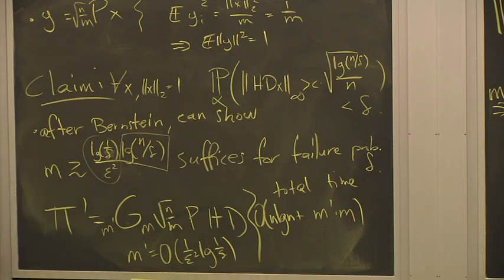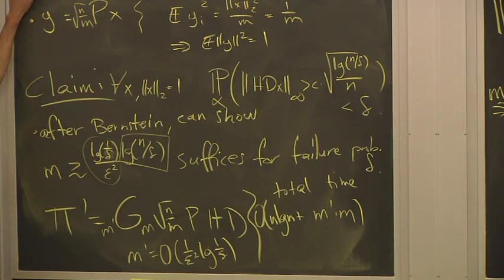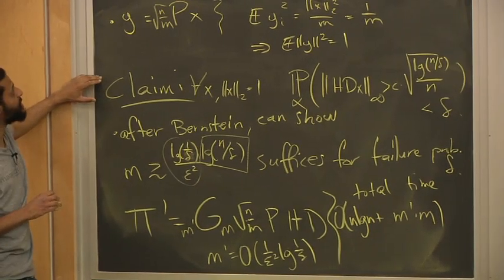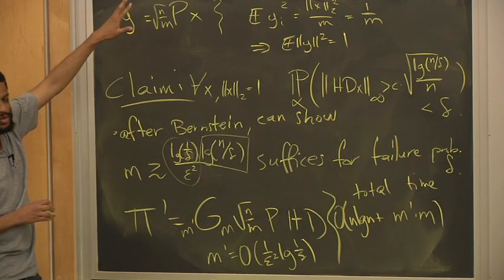So it's like almost a sampling matrix. The newer analyses actually just use a sampling matrix. But the analysis is totally different. They don't go through this claim at all. Okay. I can say one thing right now. I'll say more later about this in future parts of the course.